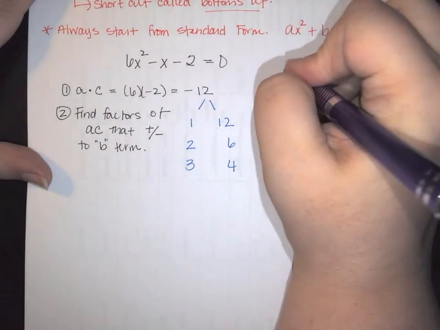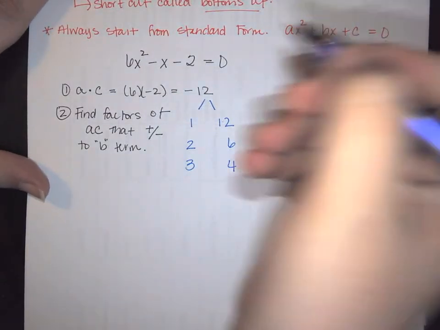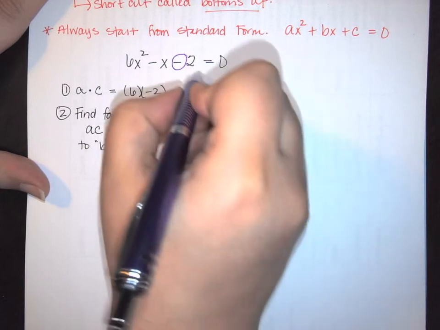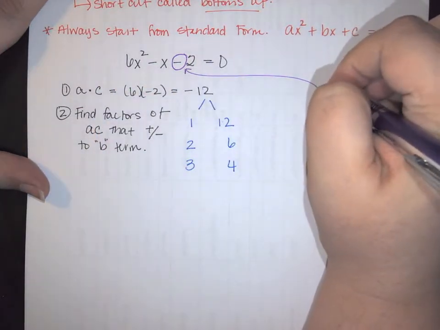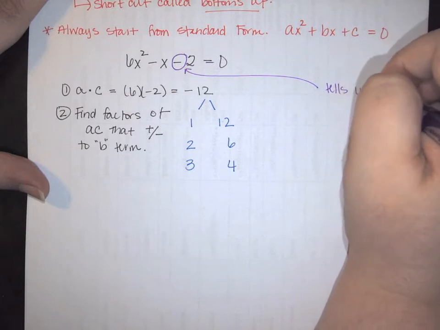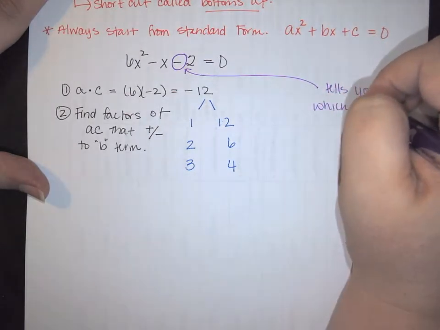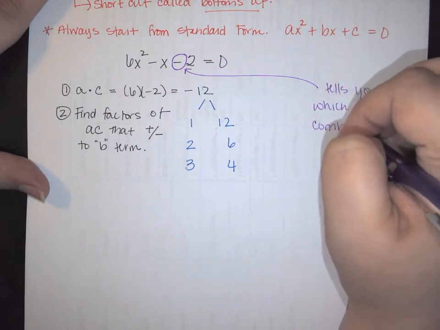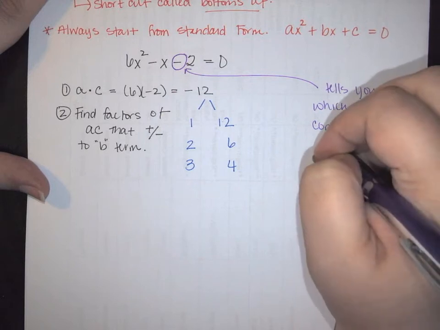So we have a sign trick. And the sign trick says, when you look at this last term here, this tells you which sign combinations to choose from.